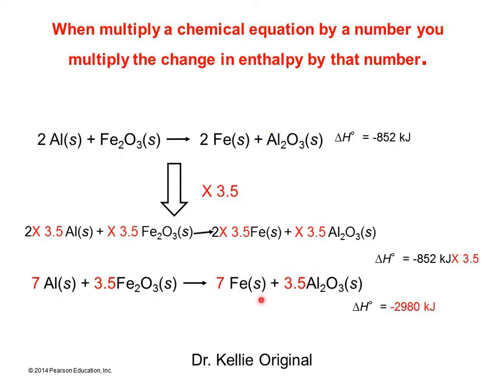So I have my new equation. And the change in enthalpy for this equation is 3.5 times our initial change in enthalpy, or a negative 2,982 kilojoules. Translation: if you multiply the coefficients in a chemical equation by a number, you have to multiply the change in enthalpy by that number. What about division?